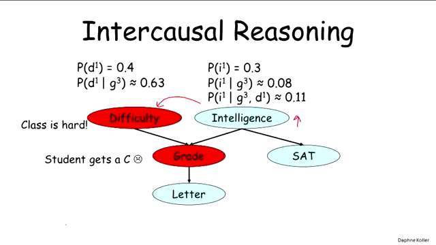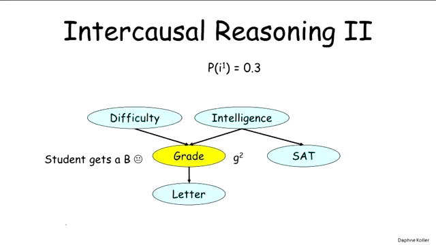So that's not a huge increase. And as you'll see when you play around with Bayesian networks, often the changes in probability are somewhat subtle. And the reason is that even in a hard class, if you go back and look at the CPD, it's kind of hard to get a C, according to this model, which is that the student gets a B. And so now we have that the probability of high intelligence still goes down.